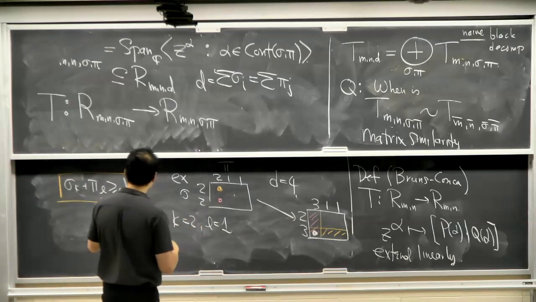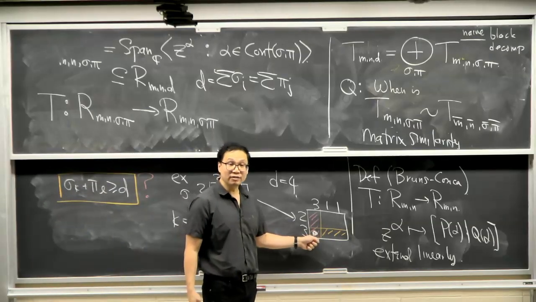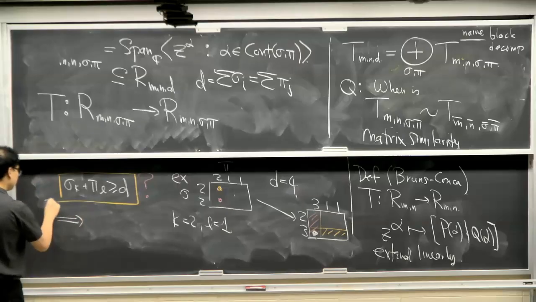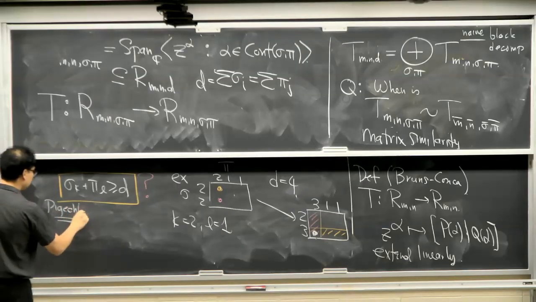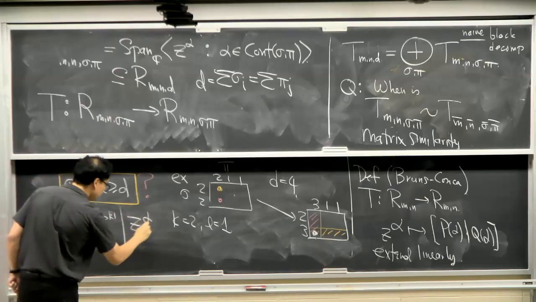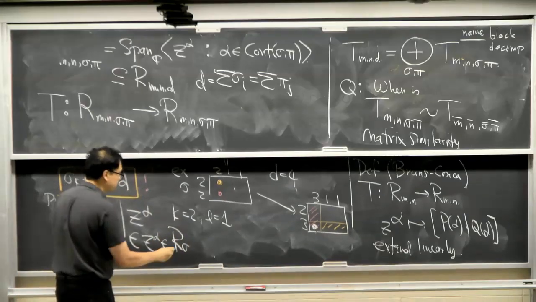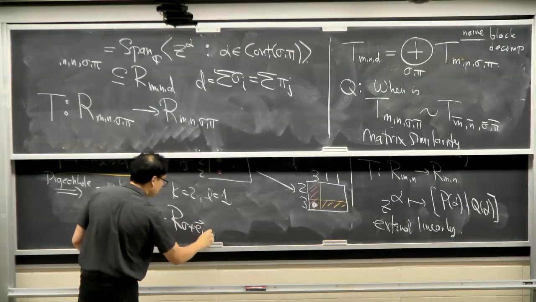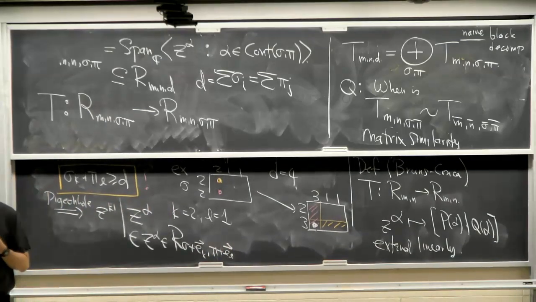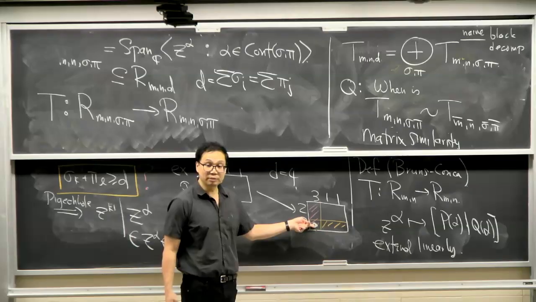So what this means is that this condition exactly says that in the target space, you are forced to have a variable there. So by that easy pigeonhole principle argument, you have divisibility there.